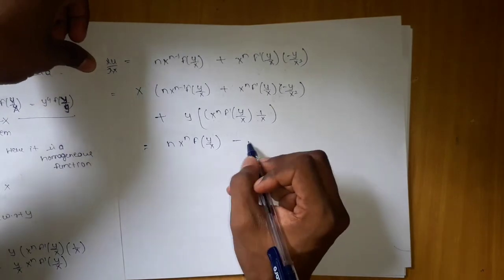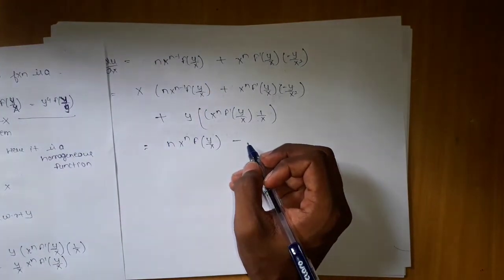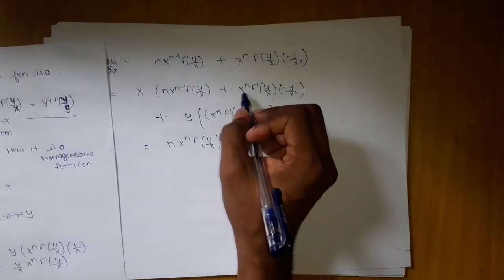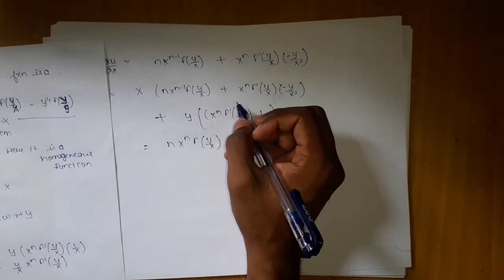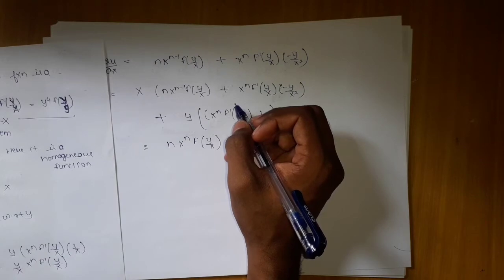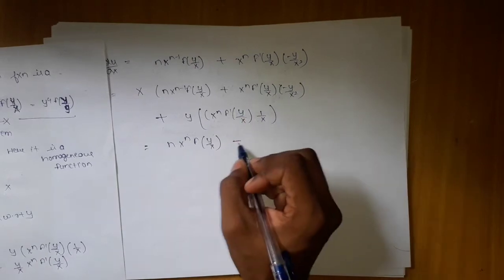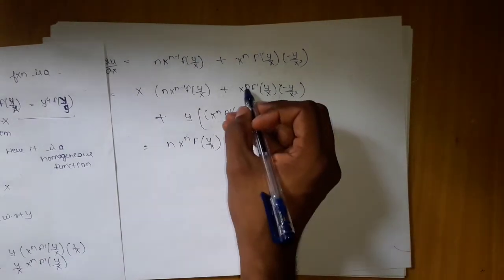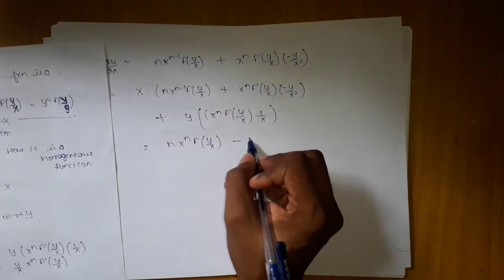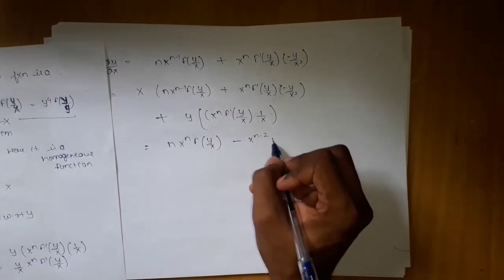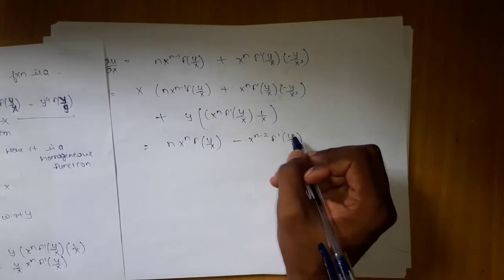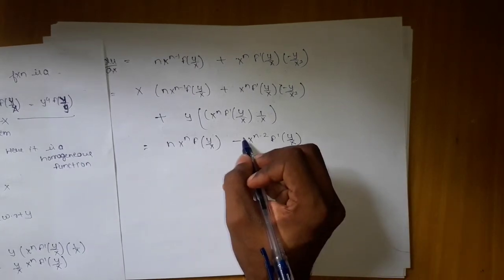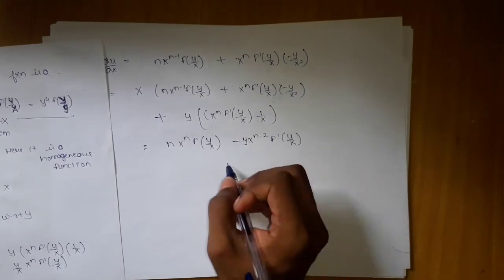And here I am going to get minus, when x is multiplied, x^(n-2) minus x^(n-2) into f'(y/x), and here y will be as it is, minus y.